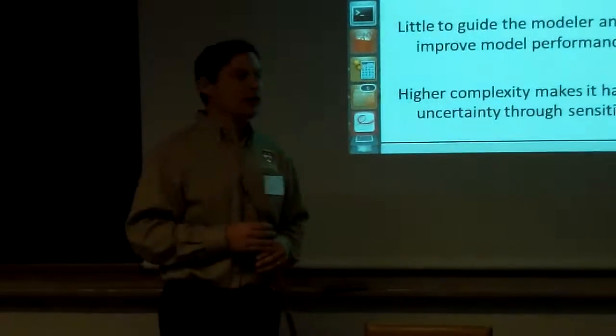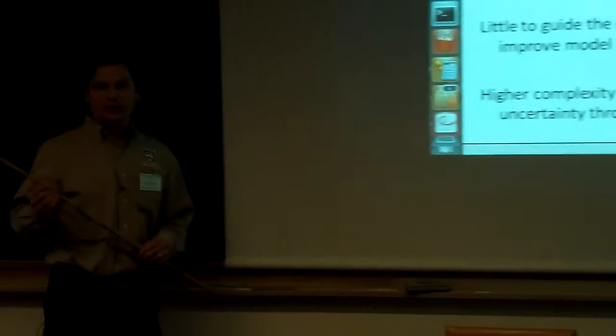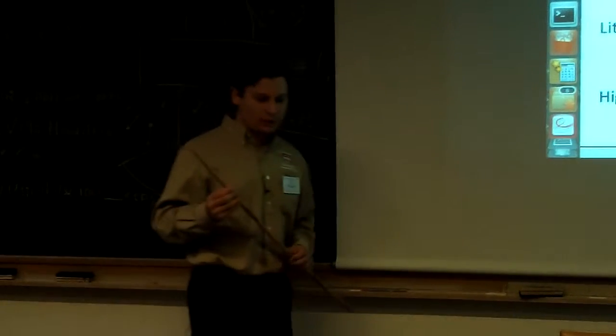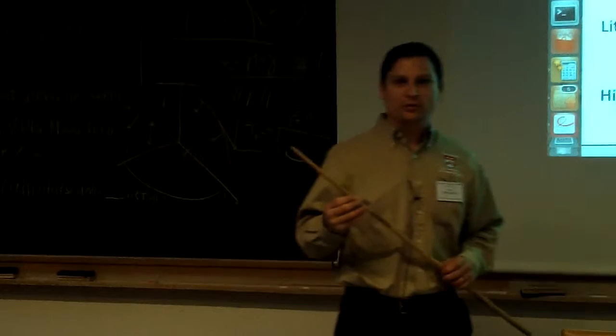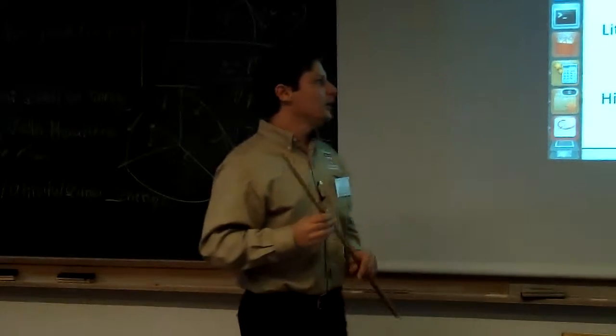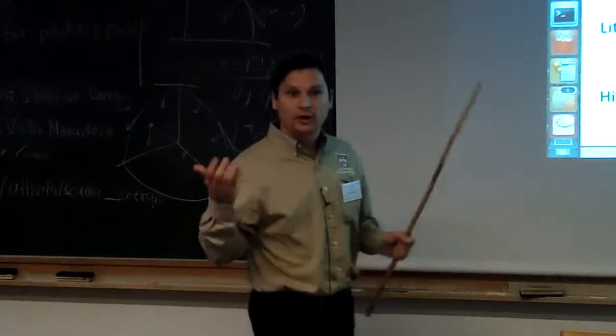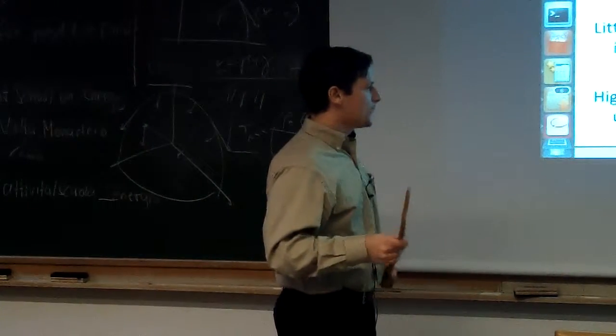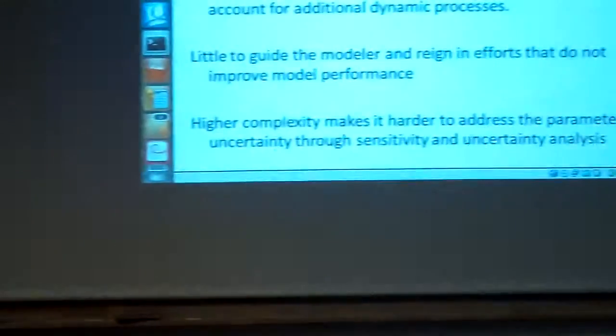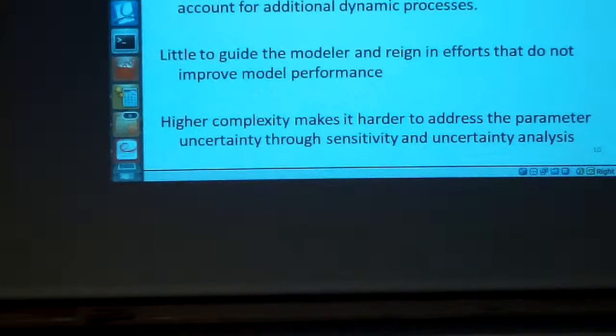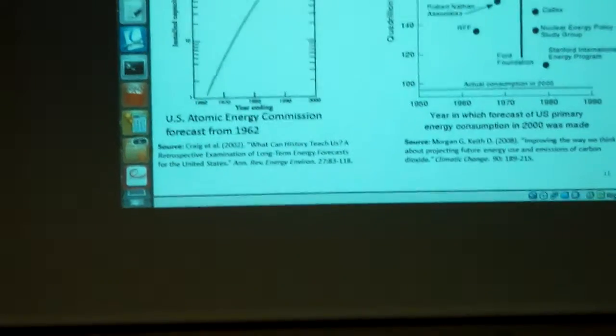Now you have a 30 region model, you have endogenous technological learning, and it all sounds very impressive. But we don't actually know whether some of that complexity improves the projections. And the more complex you make the model, the harder it is to do sensitivity and uncertainty analysis, because you're weighed down by this complex model.